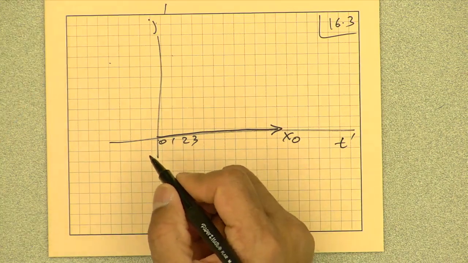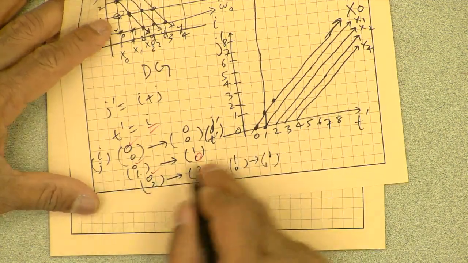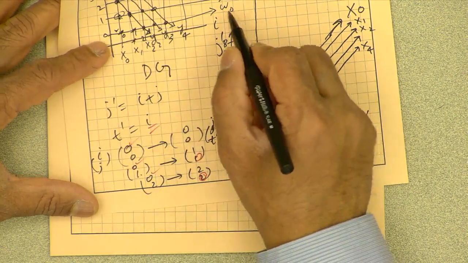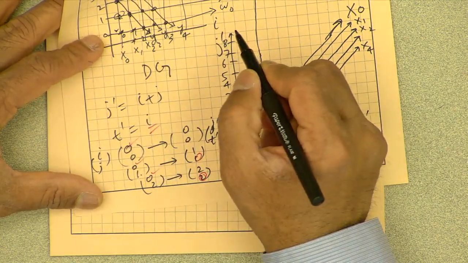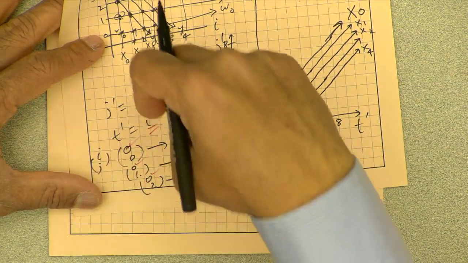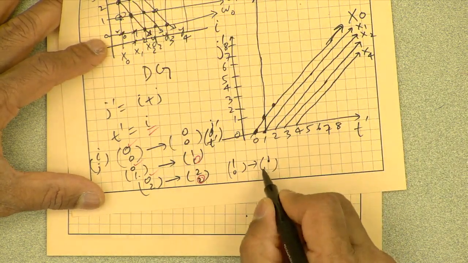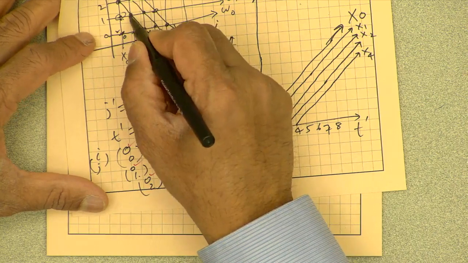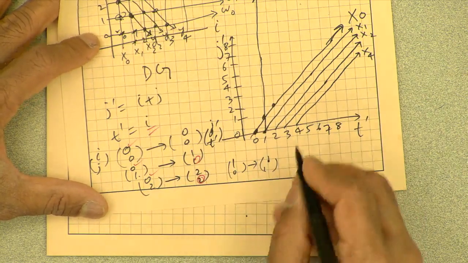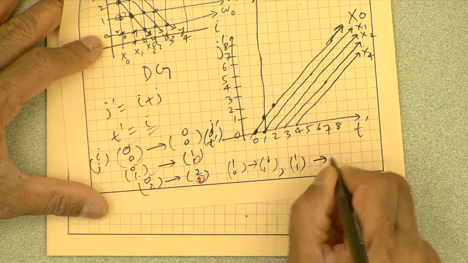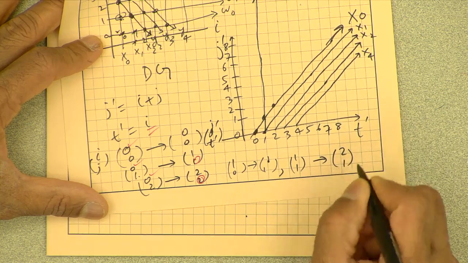Okay, so that's the first line. Second line: 1, 0 maps to 1, 1. This point 1, 1 maps to 2, 1.